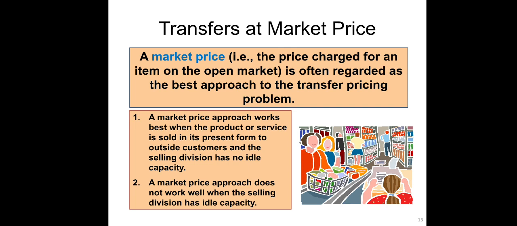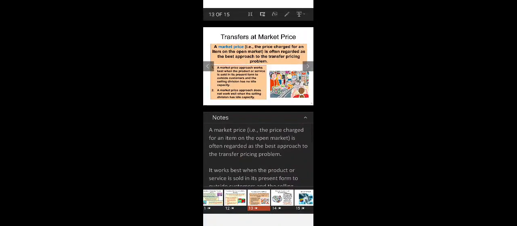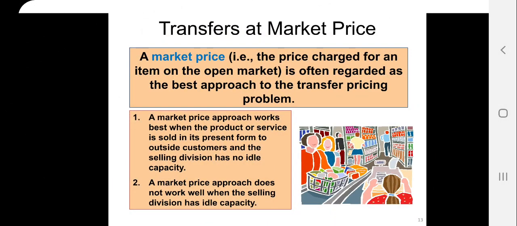If the selling division is operating at full capacity, it means that if the department has to sell or transfer its product to another segment within the company, then the selling department has to sacrifice its quantity of sales to the open market. So when the selling department has to sacrifice the quantity of sales in the open market, then there is what we call opportunity cost.